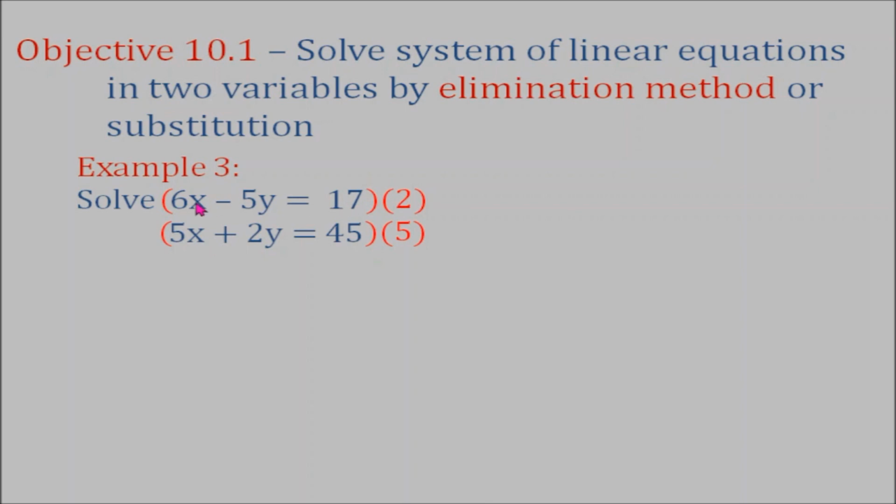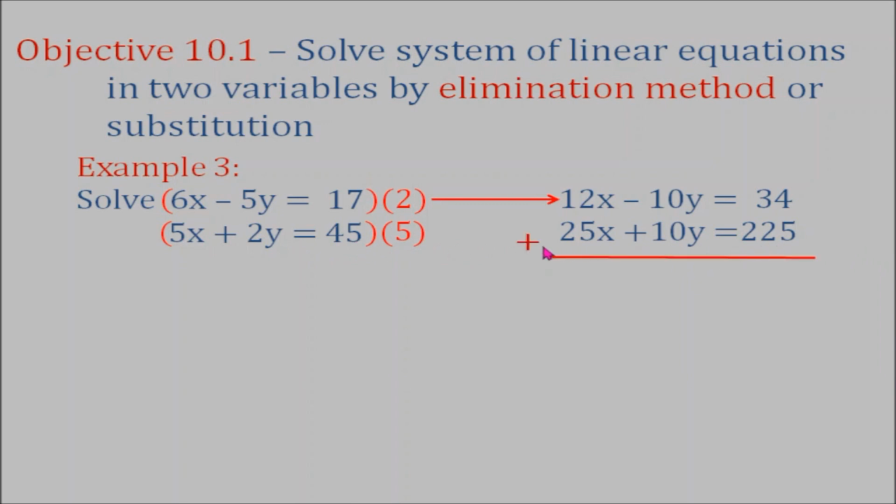So 2 times 6x, that's 12x. 2 times -5y equals -10y. And 2 times 17 equals 34. And then second equation, 5 times 5x, that's 25x. 5 times 2y, that's 10y. And 5 times 45 is 225.